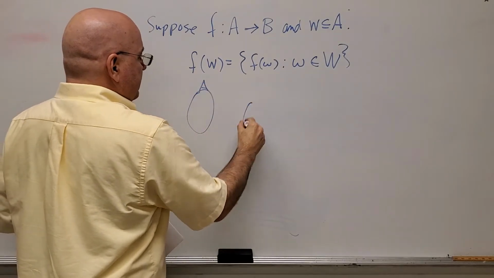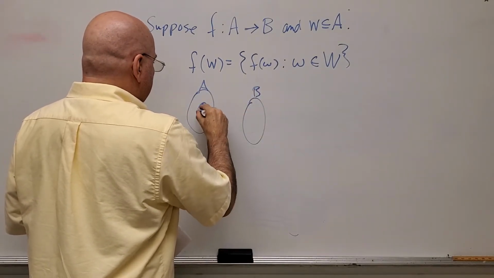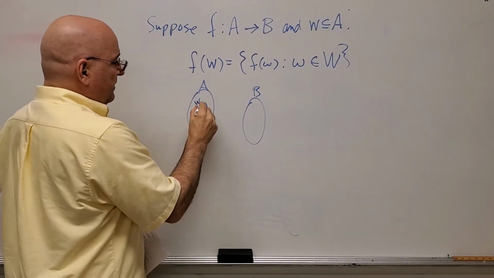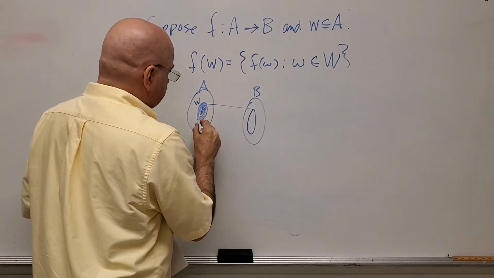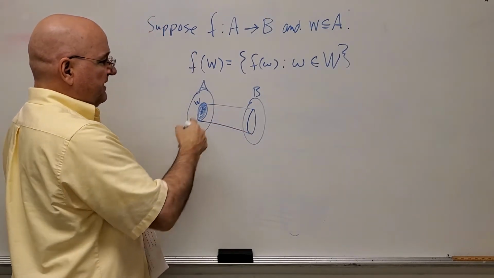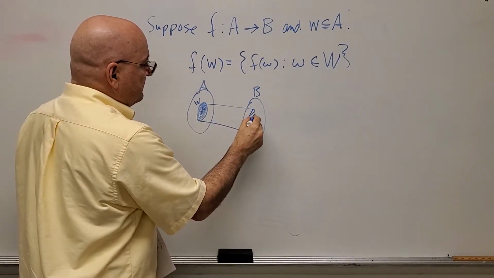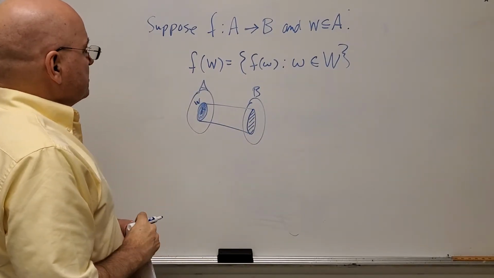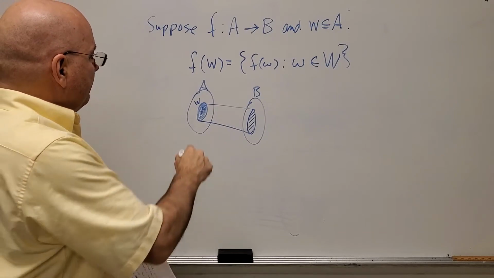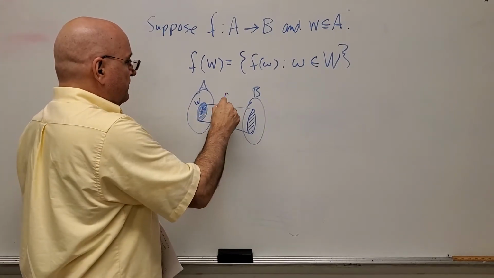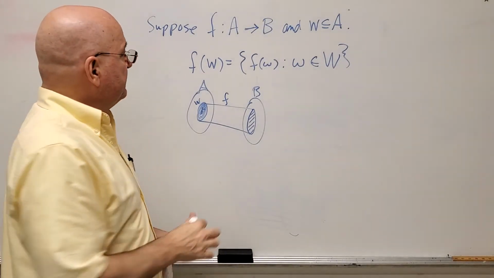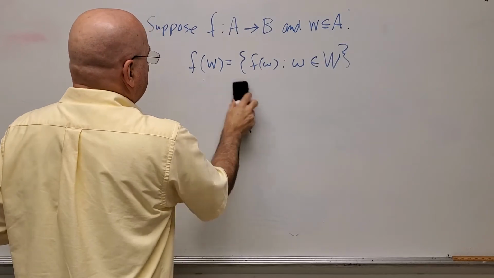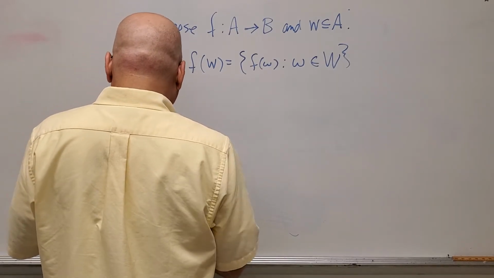If that's the set A and that's the set B, W could be this set right here, this set that I filled in. Well, it may map only to these elements in set B. This would be f of W, just that region. It's called the image of the set W under the function f.